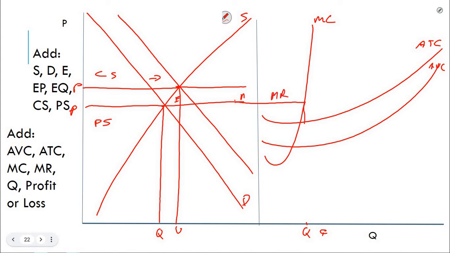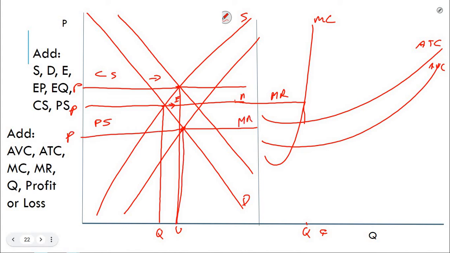Now in this situation, say we see an increase in supply. That gives us a new equilibrium price, new equilibrium quantity, new marginal revenue. Now, we still produce as long as marginal revenue is greater than marginal cost, as we see right here.